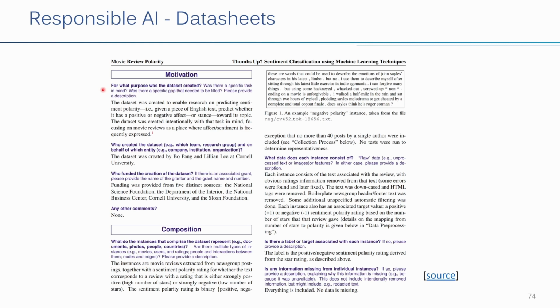Was there a specific gap that needed to be filled? Please provide a description. Different from other alternatives, especially the AI usage cards, the data sheets do require a free text answer for the questions, which might be a drawback, but it does provide rich details for us to work on.